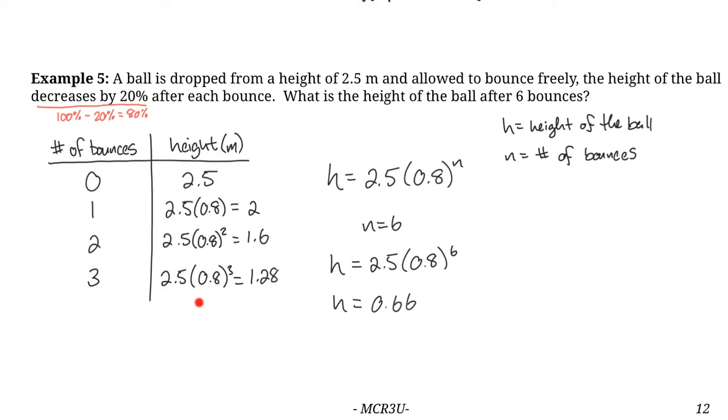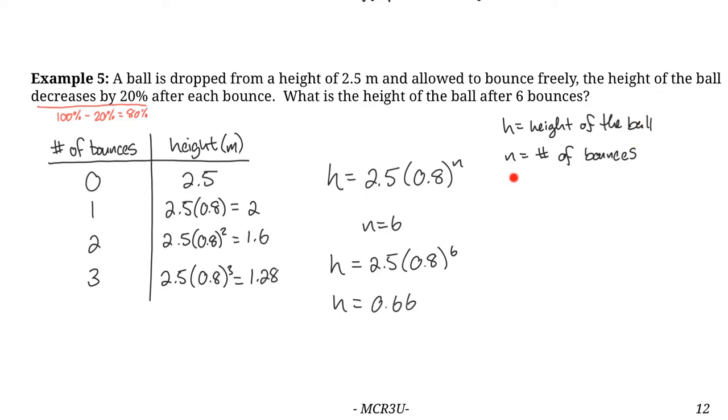So this is the equation that we're working with. Our original height is 2.5 meters, and the height is decreasing by 0.8 each time. And our exponent here is going to represent the number of bounces. So our general equation is h, which represents the height, is equal to 2.5 times 0.8 to the power of n, and n represents the number of bounces.